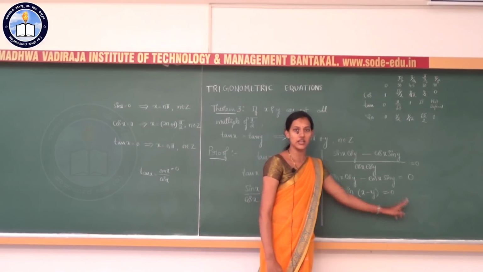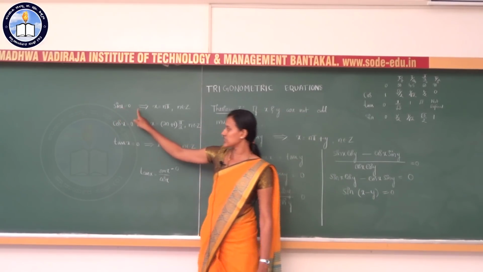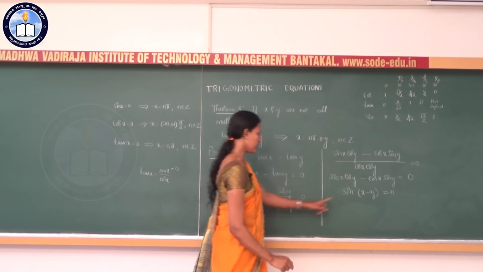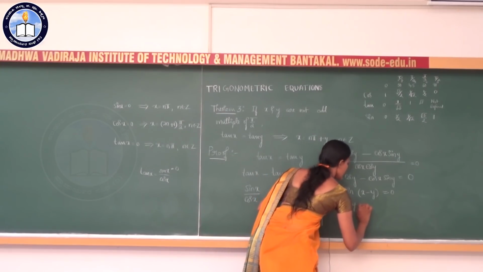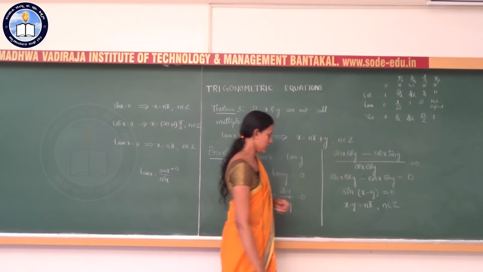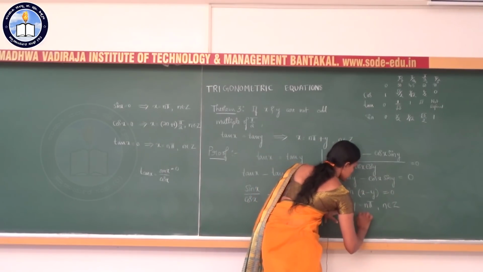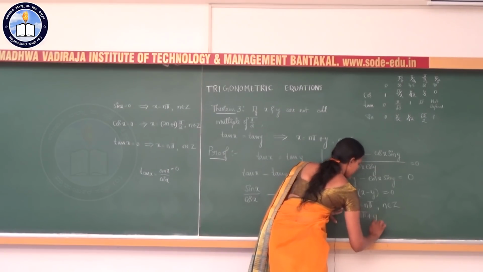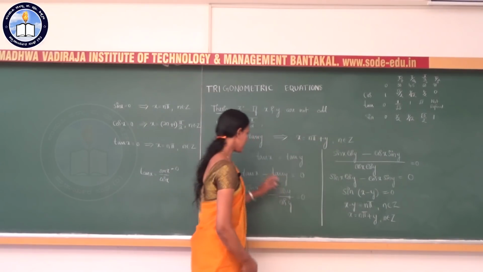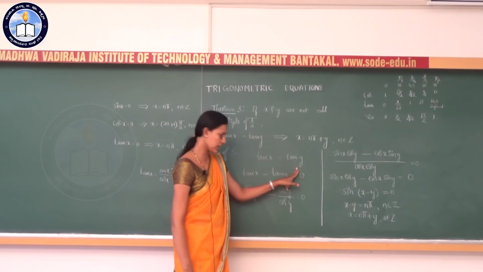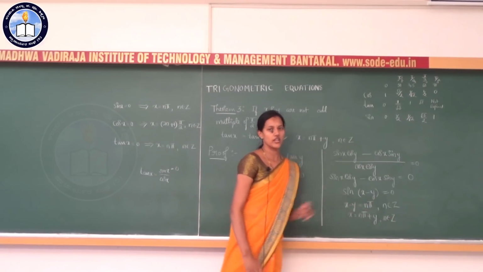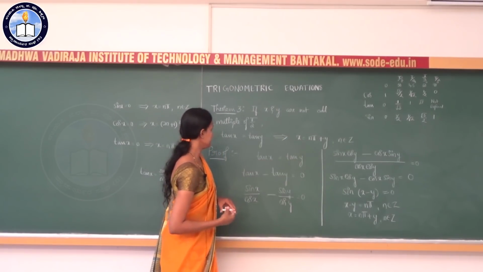Sin of an angle is 0 implies the angle is n into pi. So, here x minus y is n into pi, where n is an integer. So, what is x then? X is n pi plus y, where n belongs to Z. So, whenever tan x is equal to tan y, x is n pi plus y, where n is an integer.